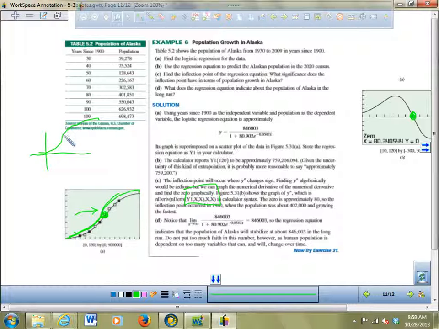So that point might represent where the contractors go find other business. Or if you're a business person, that might represent the point where you want to change your product, because the fast growth has stopped and now you're at kind of slow growth.